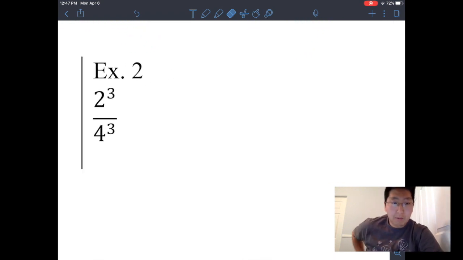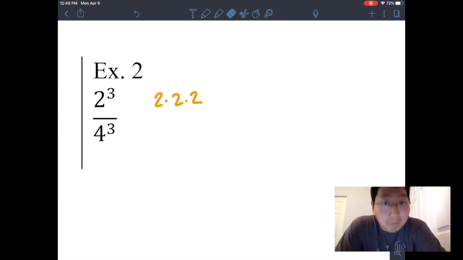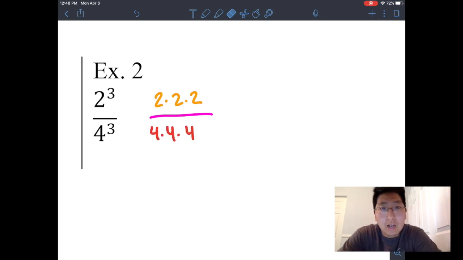Now, the second example, we need to expand again. So 2 to the third power, what's our base? 2. And our exponent is 3, so that means 2 times 2 times 2 is going to be on top. What does that mean for the bottom, right? That means that the base is 4, and it's going to be multiplied 3 times. Now remember, we need to break down the 4's.